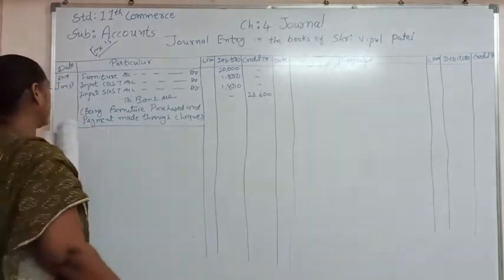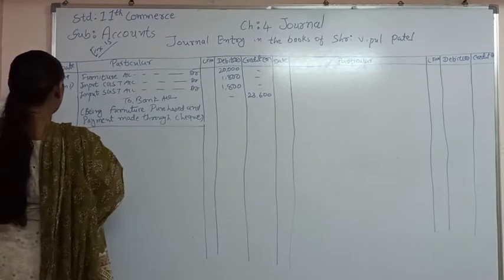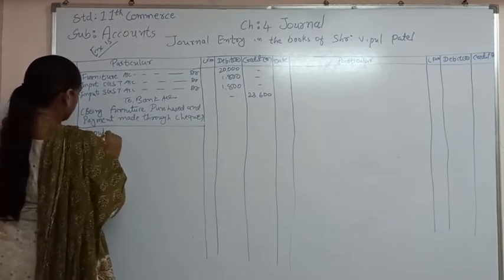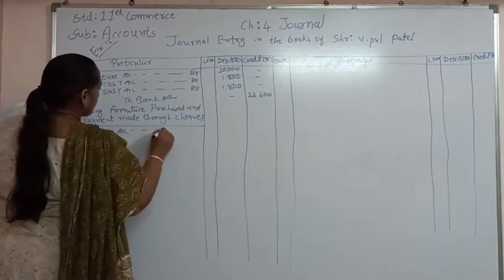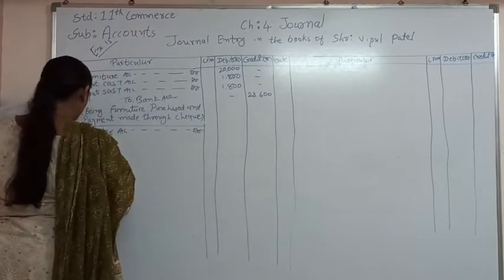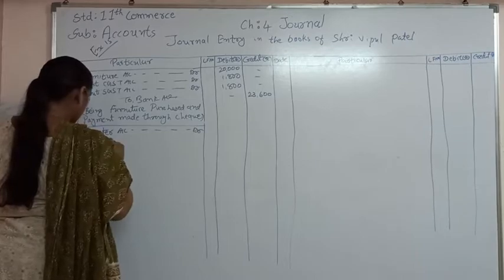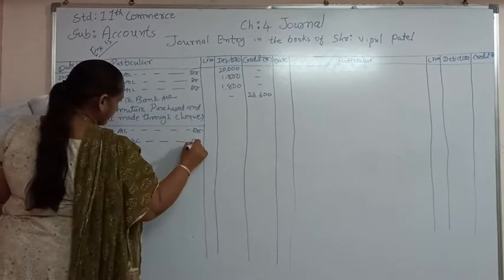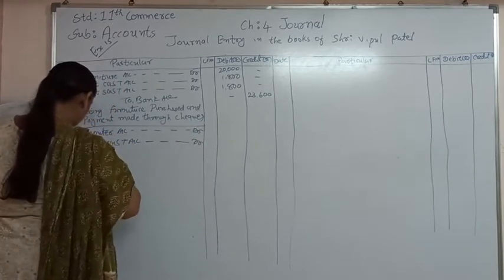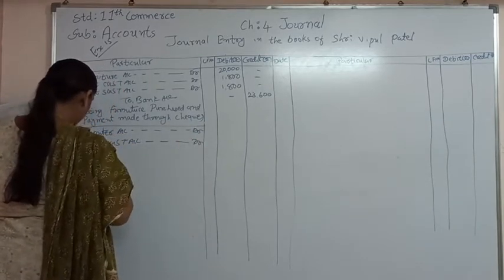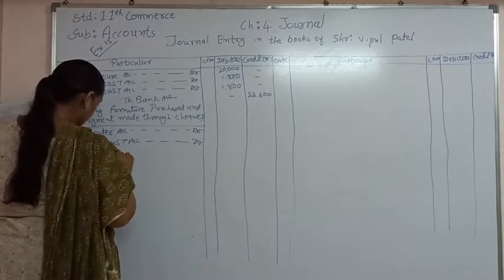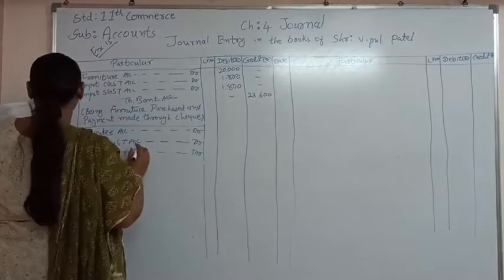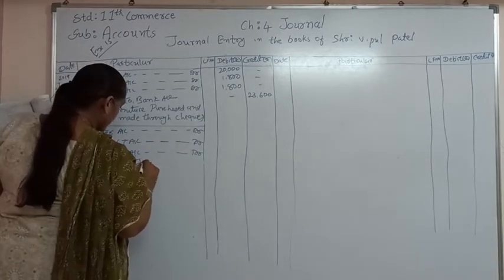So for the second transaction: computer account debit, input CGST account debit, input SGST account debit, to James Computer account.